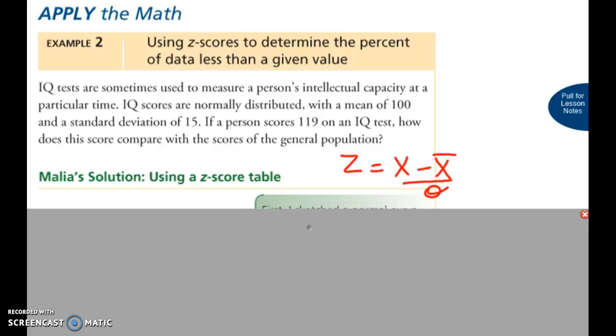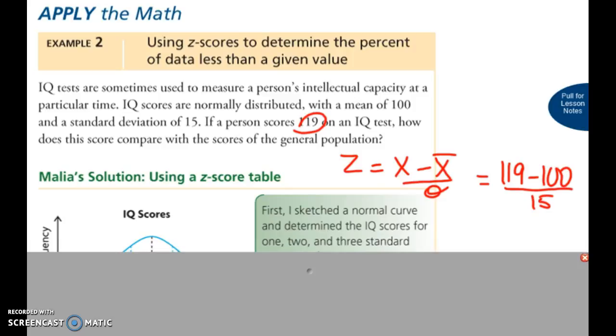So this would be 119 they got on their IQ test. And on average, people get 100. And the standard deviation is 15.